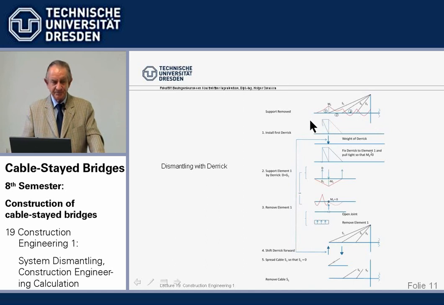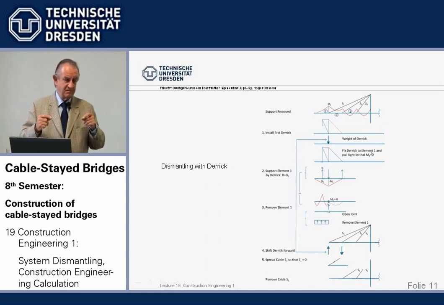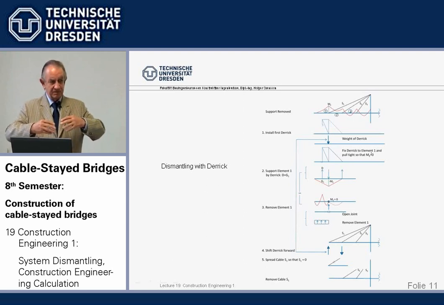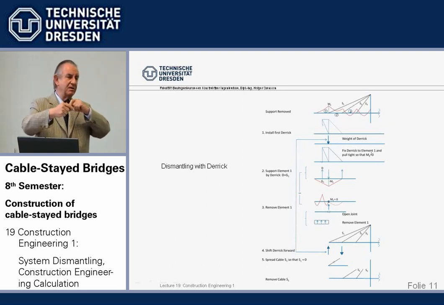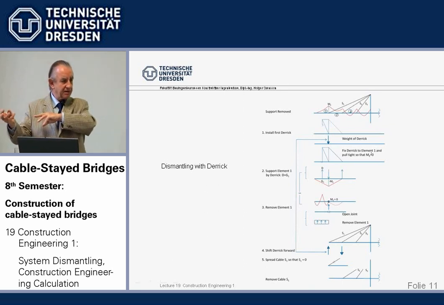Now, when we think on site, going forward, at the beginning of erection, we install a derrick, lift the element, move forward the derrick to the new element, next one, cable is installed, and so on, until the last derrick element is installed, and then I take off the derrick.